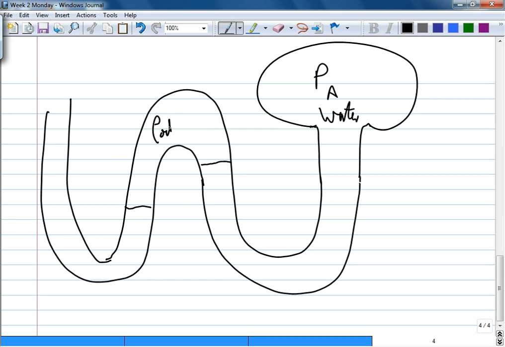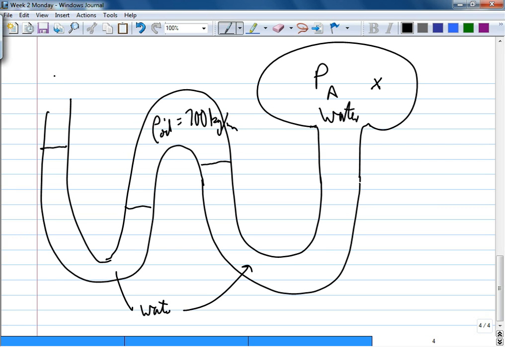Rho oil equals 700. So this is water, this is water, so water maybe up to here. This is also water. And we want to find the pressure here, PA.